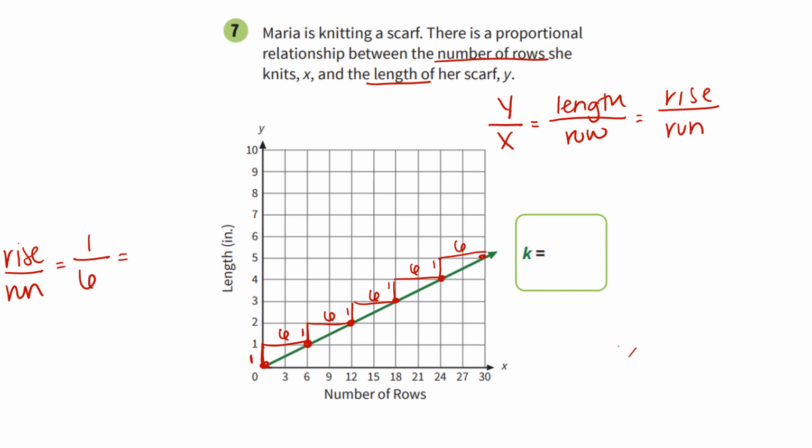You can choose to leave it as your decimal answer of 0.16 repeating, or you can simplify that to the fraction 1/6, meaning 1/6 of an inch per row of scarf. 1/6 is our rate of change. We add that to our equation y equals kx to make y equals 1/6 x.